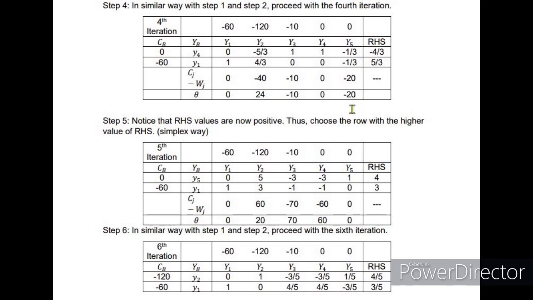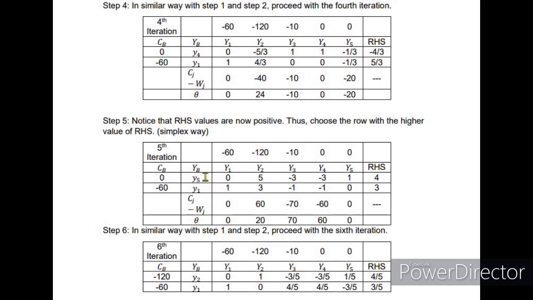So what is the pivot element? The pivot element is negative 1/3, because it is at the intersection of column y sub 5 and row y sub 4. When we divide these elements up to the RHS by negative 1/3, you will get this for the row y sub 5.